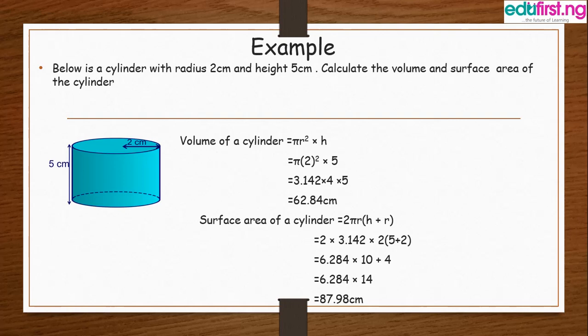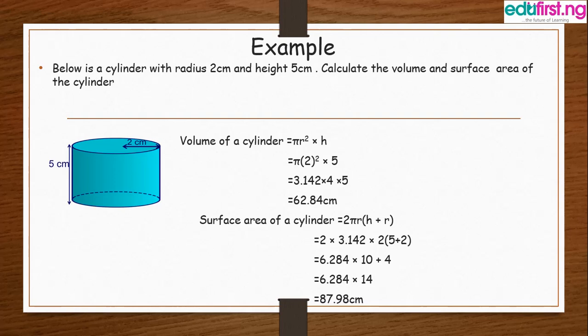So we now have the surface area of a cylinder as 2 pi r (h plus r). We substitute the values given into the formula. We have 2 multiplied by 3.142, which is our pi, multiplied by r, which is 2, bracket of 5, which is our h, plus 2, which is our radius.